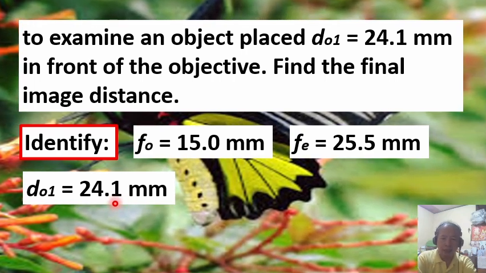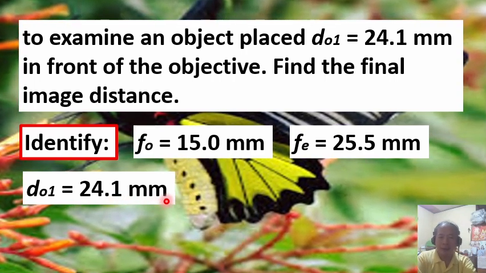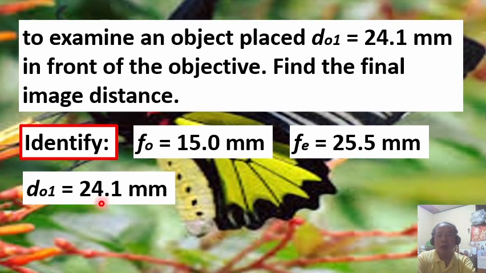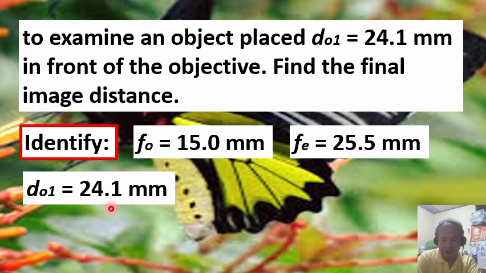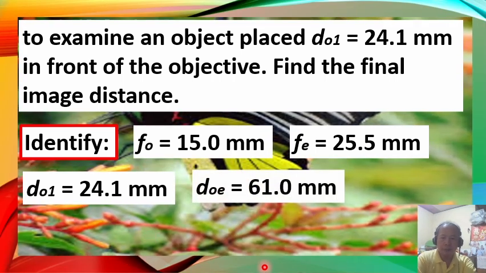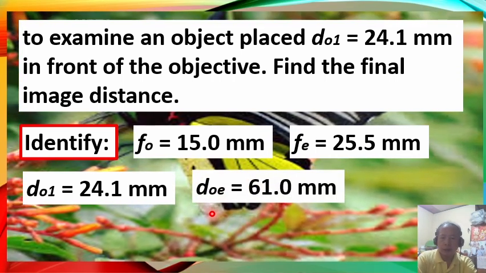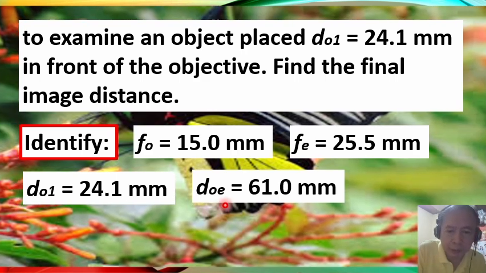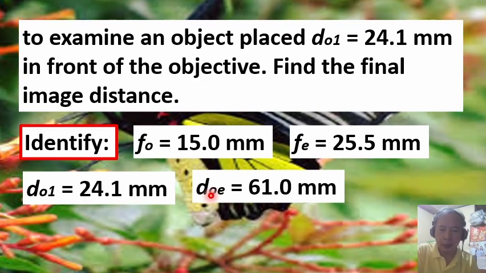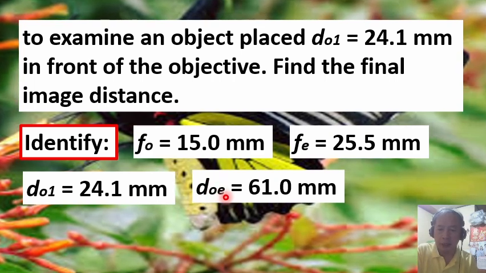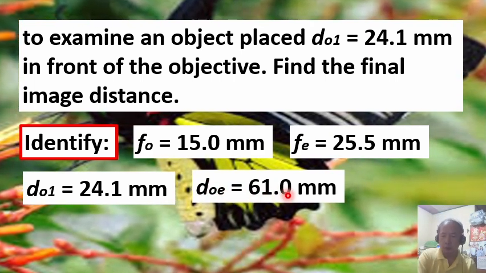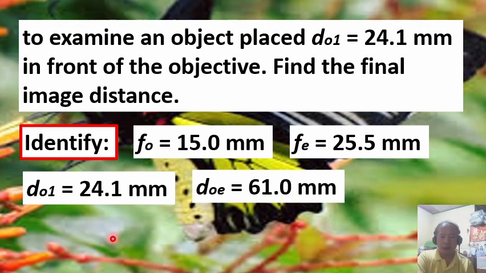This is how far the specimen or the object is from the objective lens. And of course, right, the distance between the objective lens and the eyepiece, denoted by d sub OE, is also given equal to 61.0 millimeters.